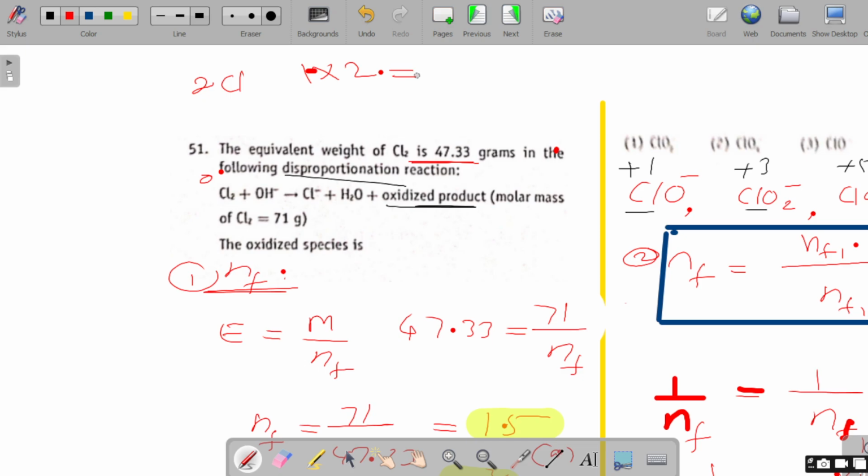For this we have identified the n factor is 3 by 2 is equal to nf, and this one we have identified as 2, into nf2 divided by 2 plus nf2. So from this you can find nf2. Bring this here. Now I am multiplying this with 3. So 3 into 2 plus n factor 2.